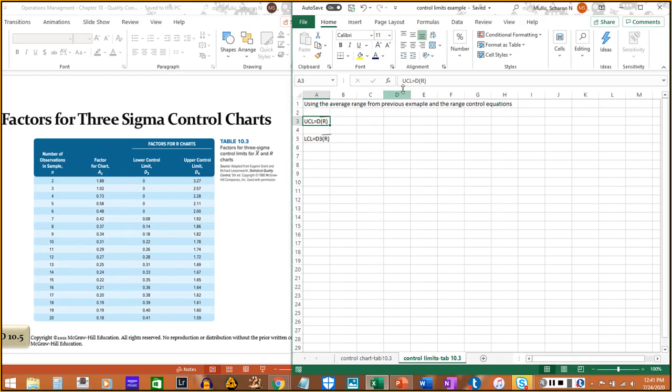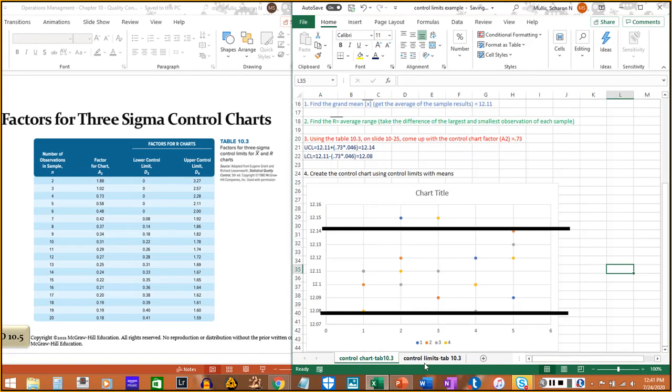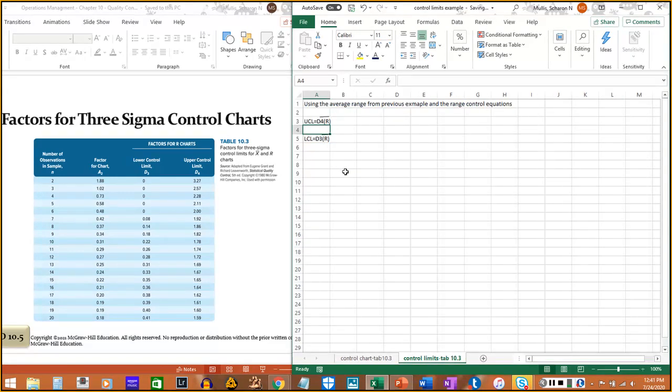It's D4 times our average range. So D4 refers to the upper control limit that's listed in table 10.3.